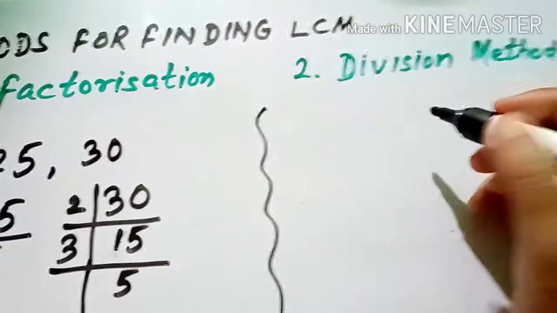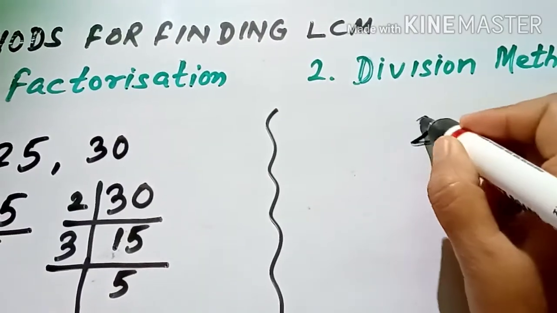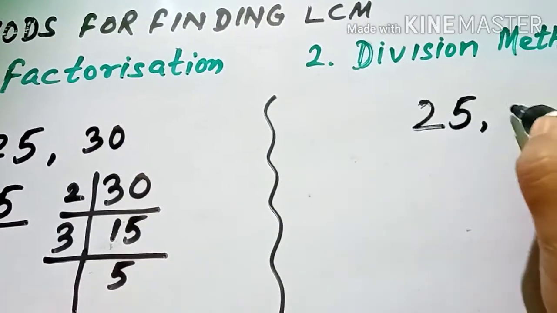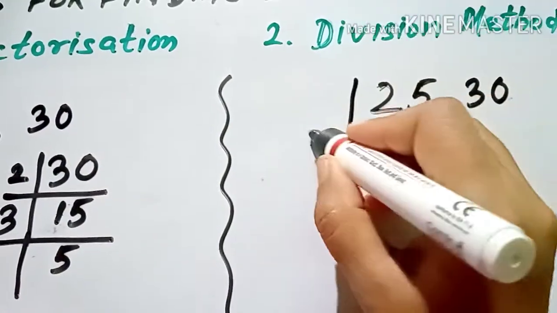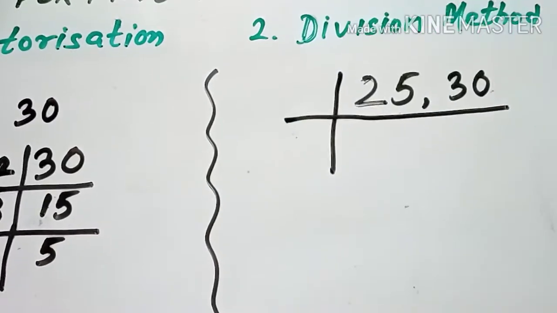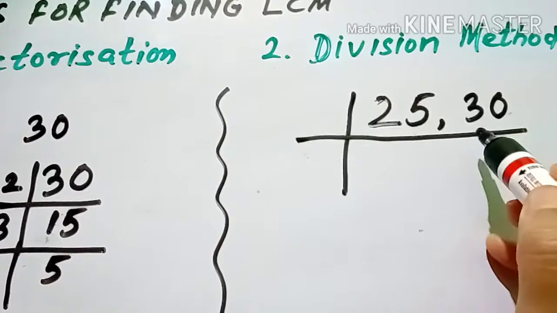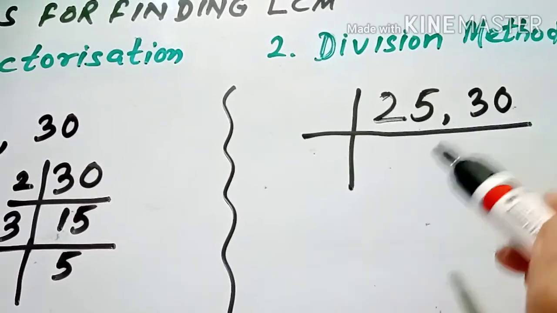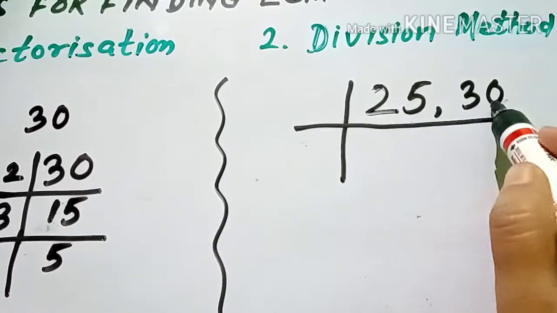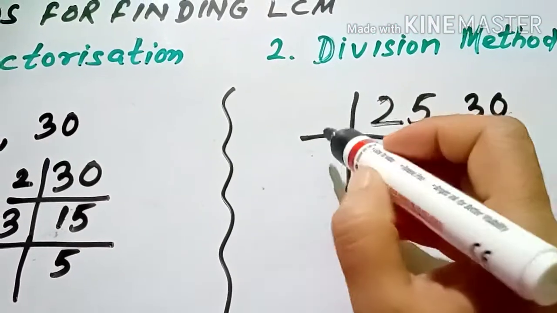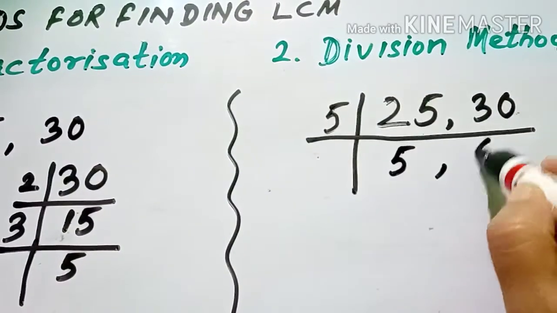Next, the division method. In this method, first we write both the numbers, 25 and 30, together, then draw these lines. Now we look for a factor which can divide both, at least 2. So here only 2 are there, so we will find a factor. 5 5s are 25, 5 6s are 30.